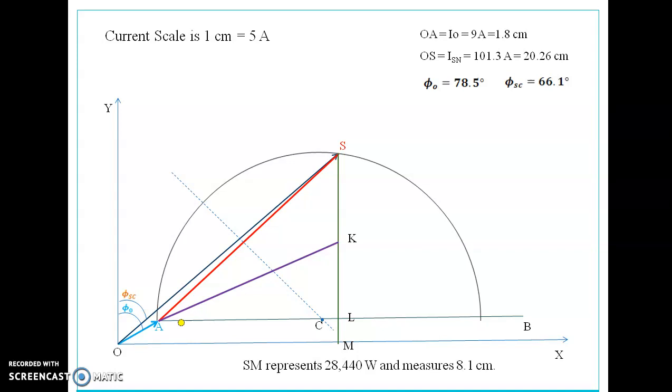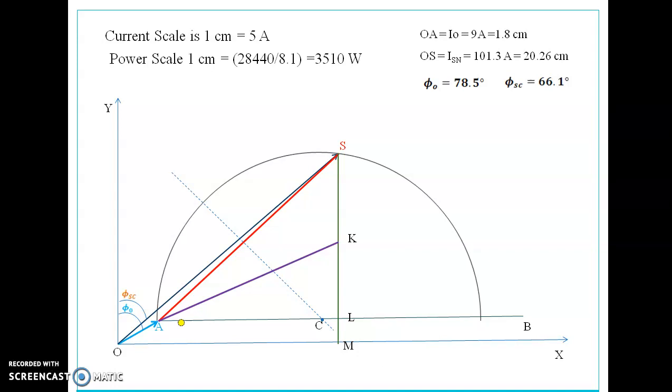So 28,440 divided by 8.1 centimeter gives the power scale as 1 centimeter equal to 3510 watts. Output power was given as 14.9 kilowatt, so in centimeters it is equal to 4.25 centimeters. So from S, draw a line SR such that SR is equal to 4.25 centimeters.